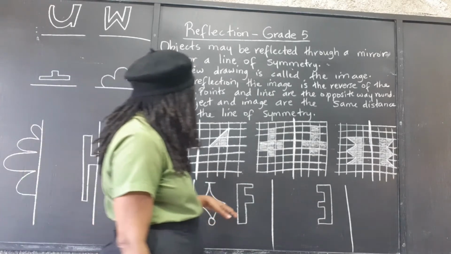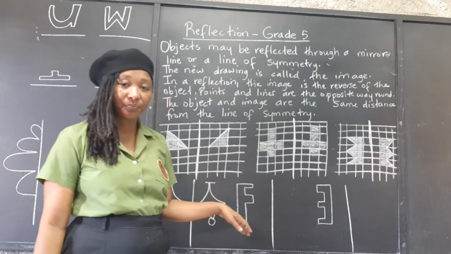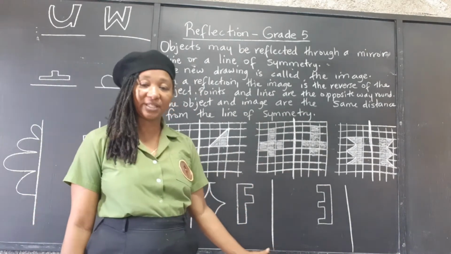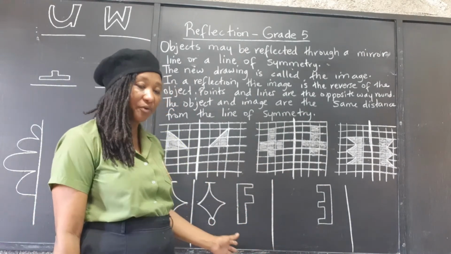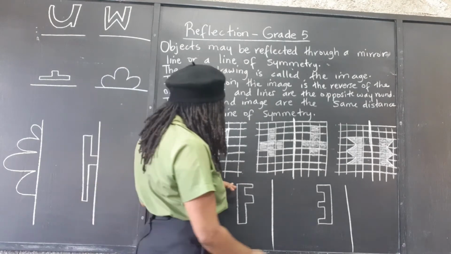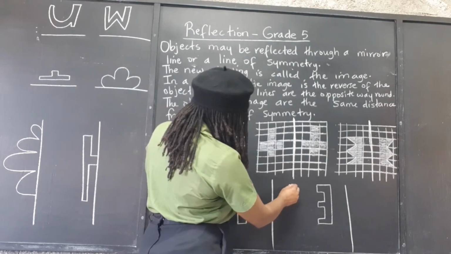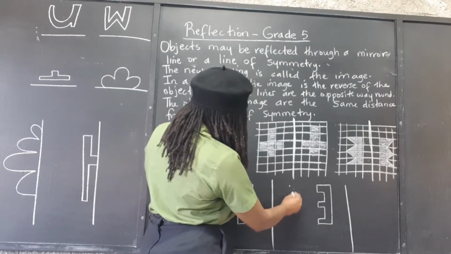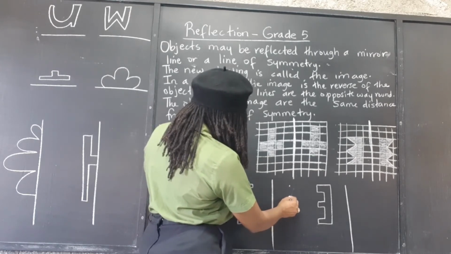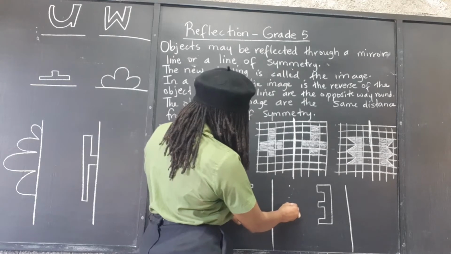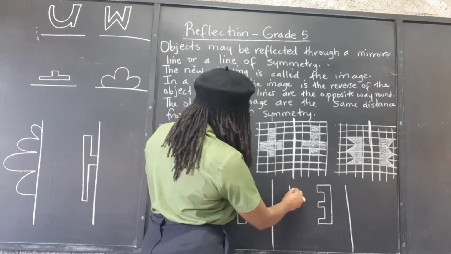Now we're going to reflect the letter F along a vertical line of symmetry, vertical mirror line, trying to maintain the same distance. So roughly same distance for the points on the F, there. Trying to maintain that same distance.